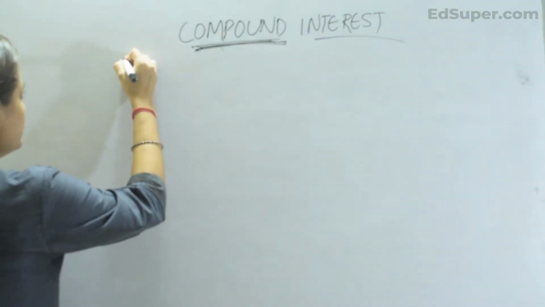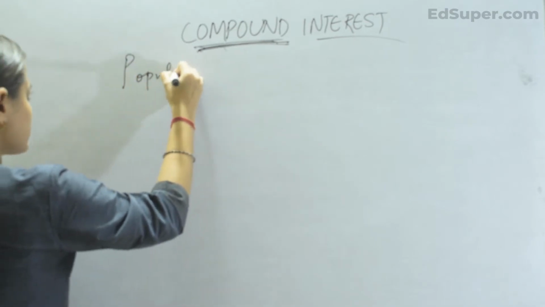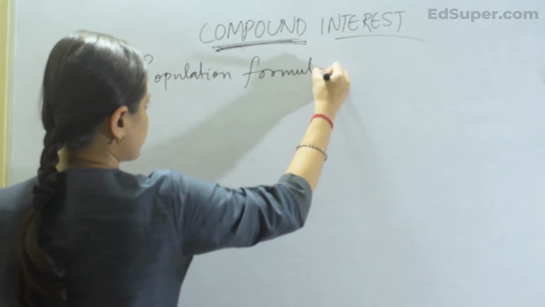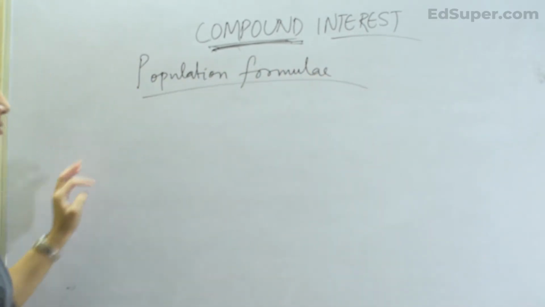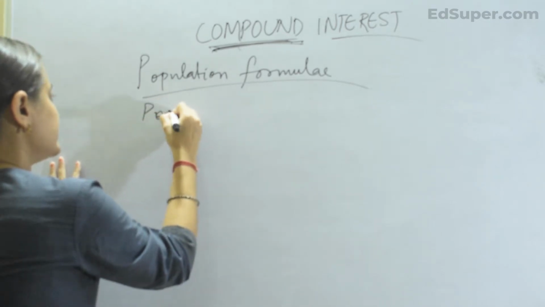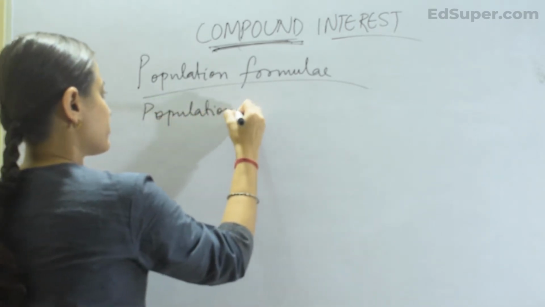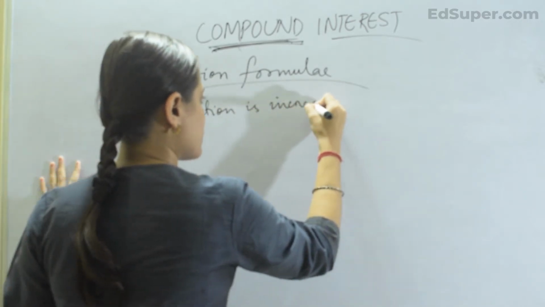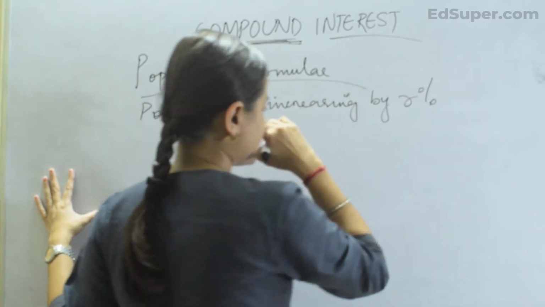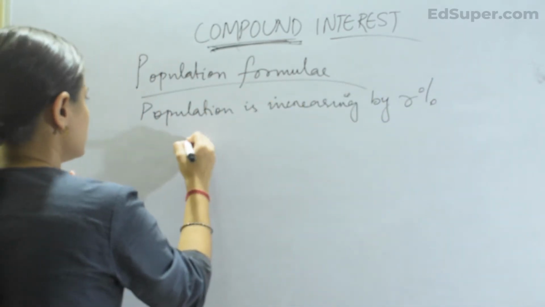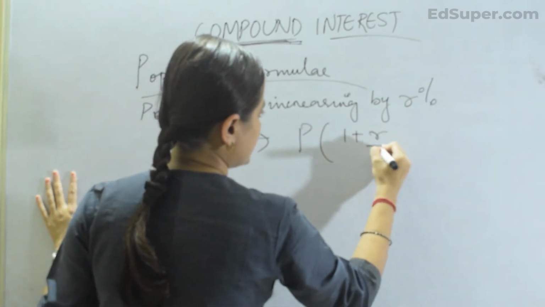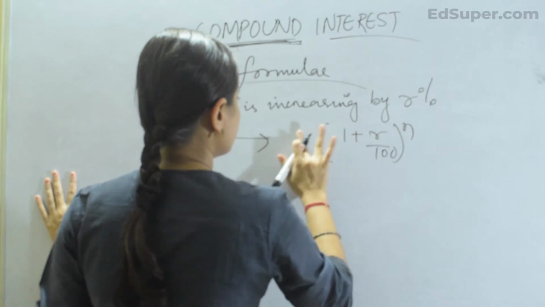Another formula is there, that is the population formula. If the question says that your population is increasing by R%, then what will the final population be? The formula goes like this: P into (1 plus R by 100) to the power n.